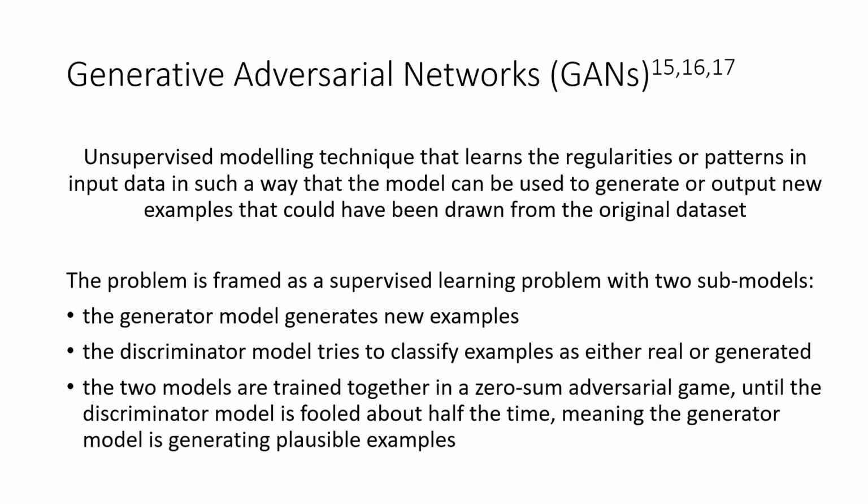So, GAN is an unsupervised modeling technique that learns the regularities or patterns in input data in such a way that the model can be used to generate or output new examples that could have been drawn from the original data set, from the family, as we said, of the original data set. The problem is framed as a supervised learning problem.